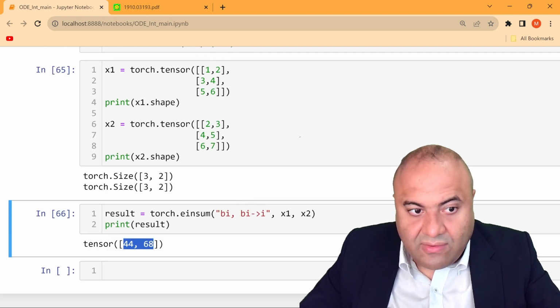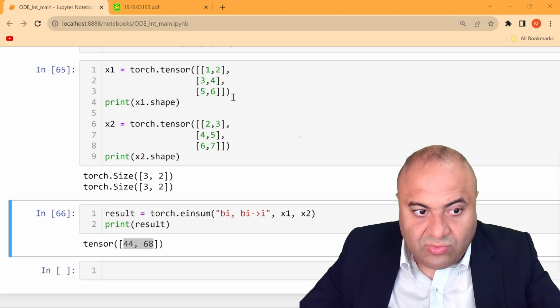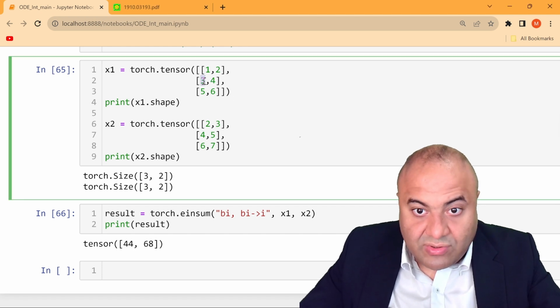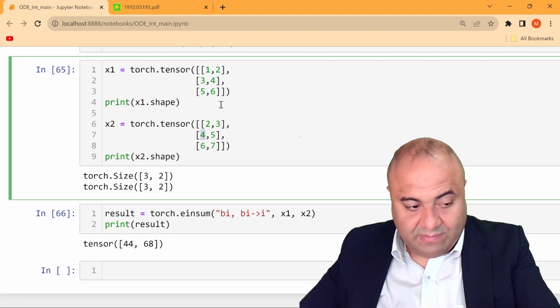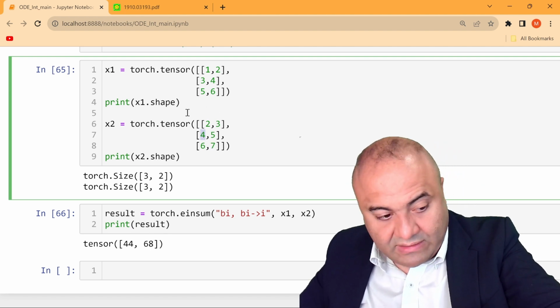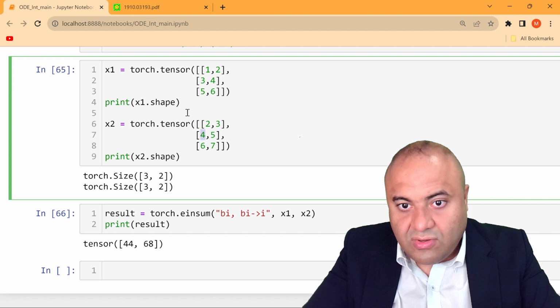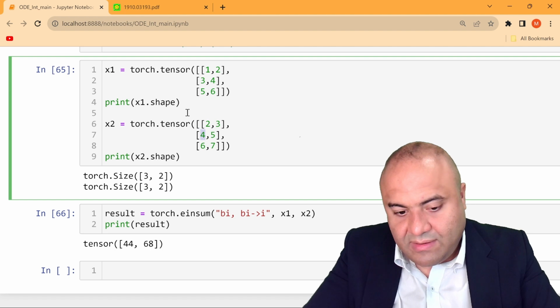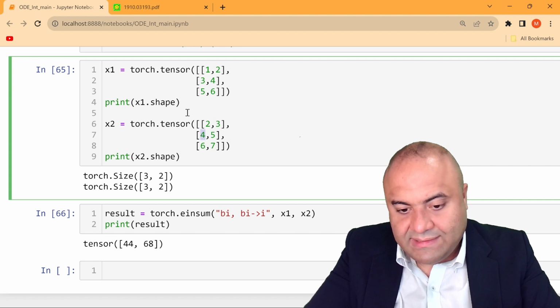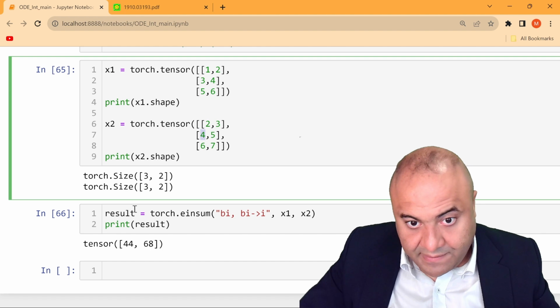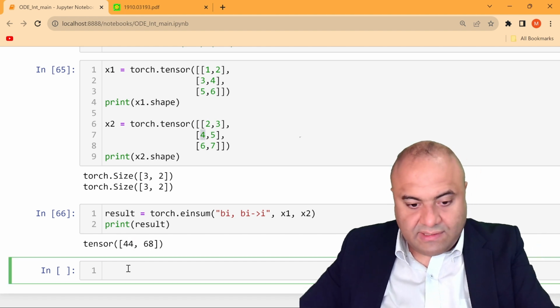It multiplied 1 by 2, and 3 got multiplied by 4. 1 multiplied by 2 is 2. 3 multiplied by 4 is 12, plus 2 is 14, plus 5 multiplied by 6 is going to be 44. Actually, we can do it differently. I just print.